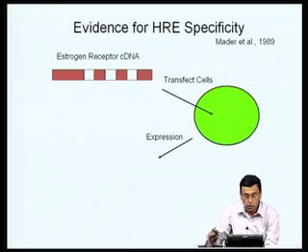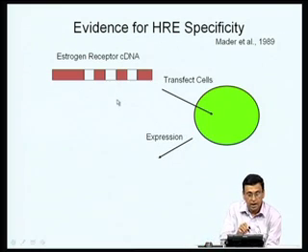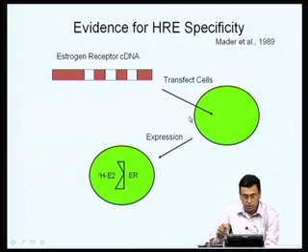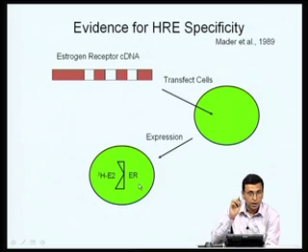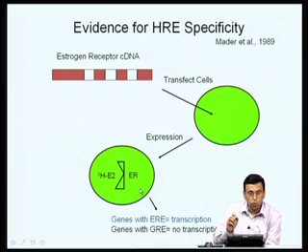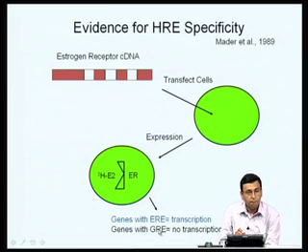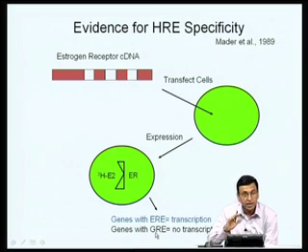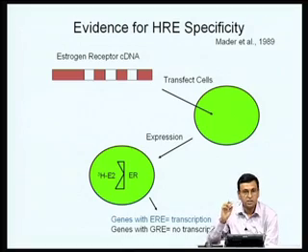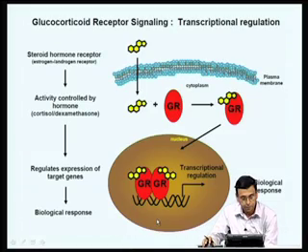You can take the estrogen receptor cDNA, place it in an expression vector, and transfer this vector into the cells of your interest. When the estrogen receptor is expressed and you add estrogen hormone to these cells, it will activate only those genes which contain an estrogen response element, but it will not activate transcription from genes containing a glucocorticoid response element, indicating that these receptors bind to very specific hormone response elements. That is how they bring about transcription activation.